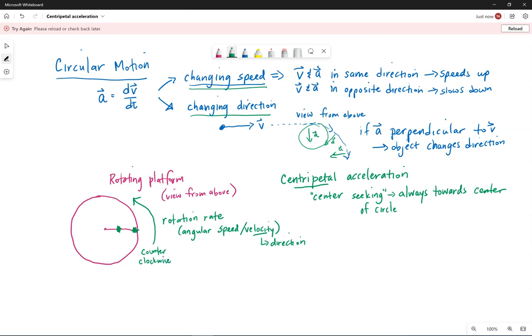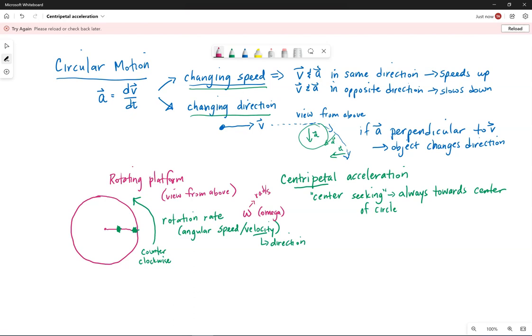The symbol we use to represent this angular speed or rotation rate is the Greek letter omega. SI units are radians per second.